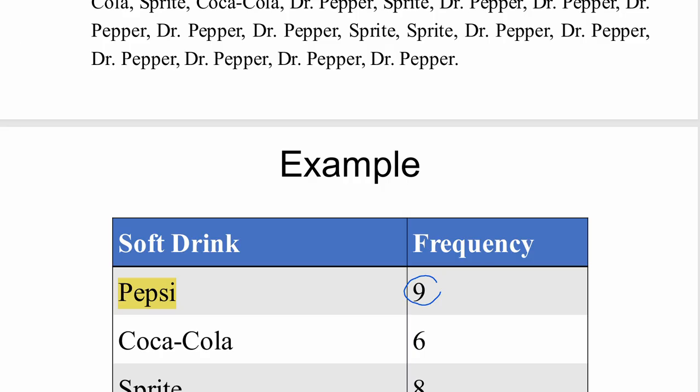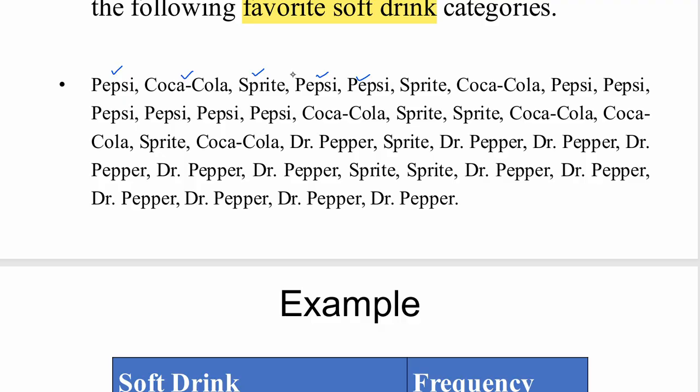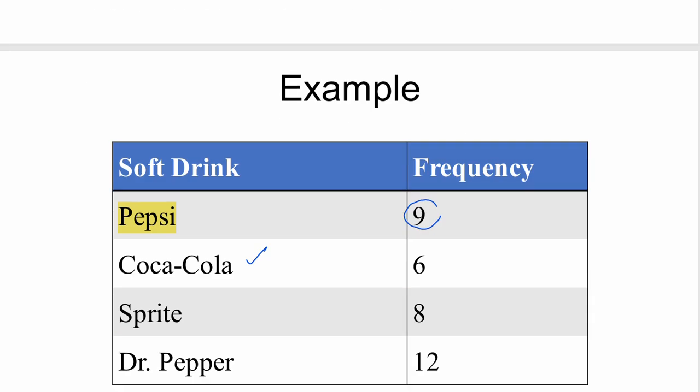Then we go on to the next category, which is Coca-Cola. The next question is, how many of our participants said they like Coca-Cola? So in this case, we have one, and then we have another one here, and then in the third one, 4 and 5, 6. And so our count for Coca-Cola is 6. So we do the same for all the other soft drinks.